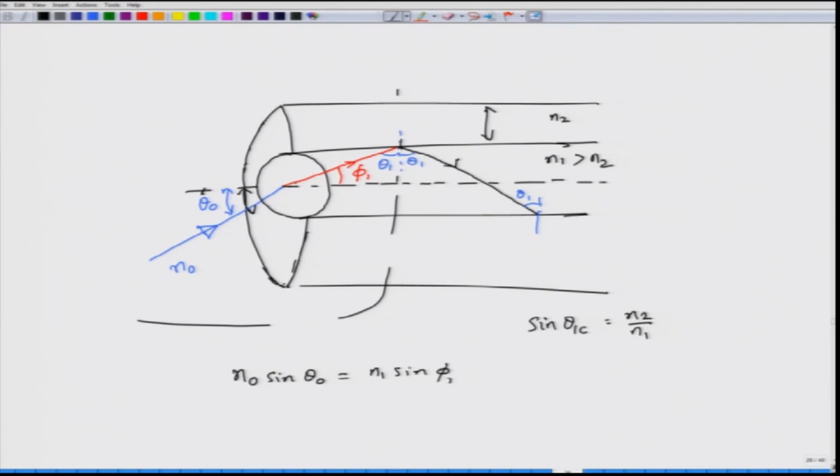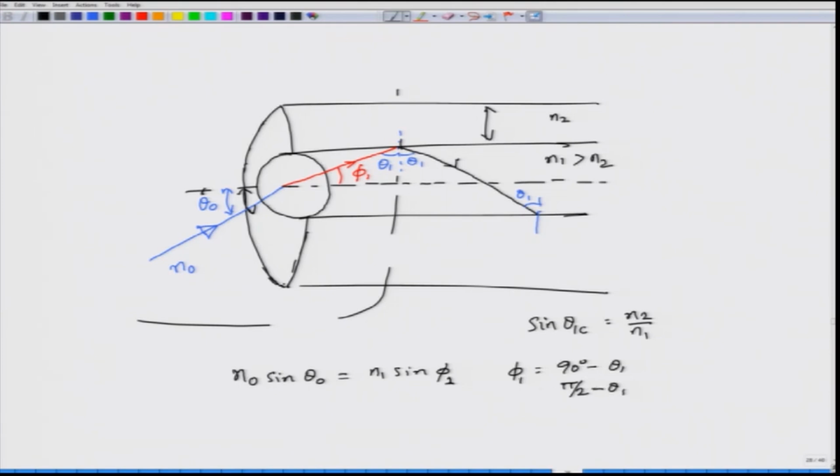From this geometry, from the red line, the blue line and this black line, that simple triangle that you have, we can see that phi 1 is basically 90 degrees minus theta 1, or pi by 2 minus theta 1 in case you are expressing them in radians.